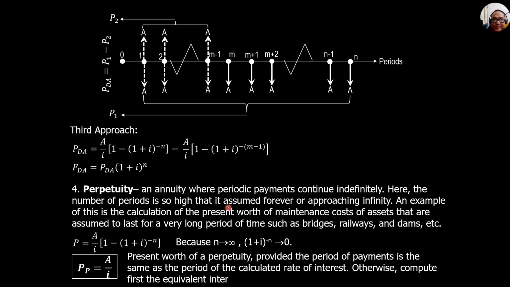Otherwise, compute the equivalent interest rate by the concept of equivalent rates or effective rates. This is the A over i formula for ordinary annuity.